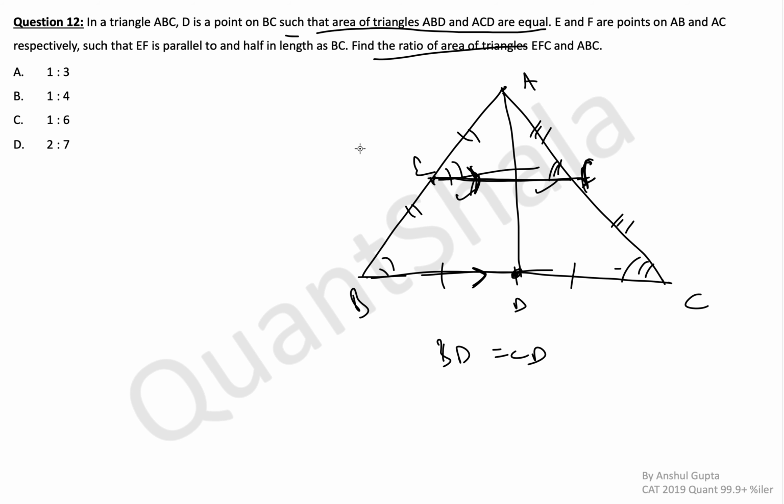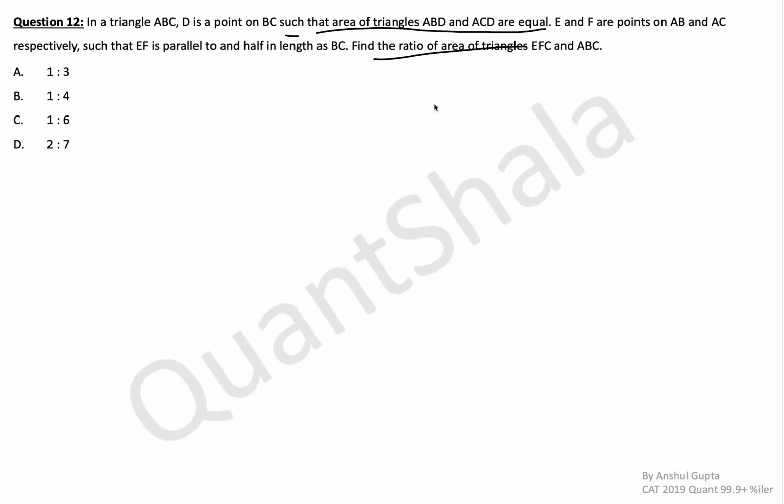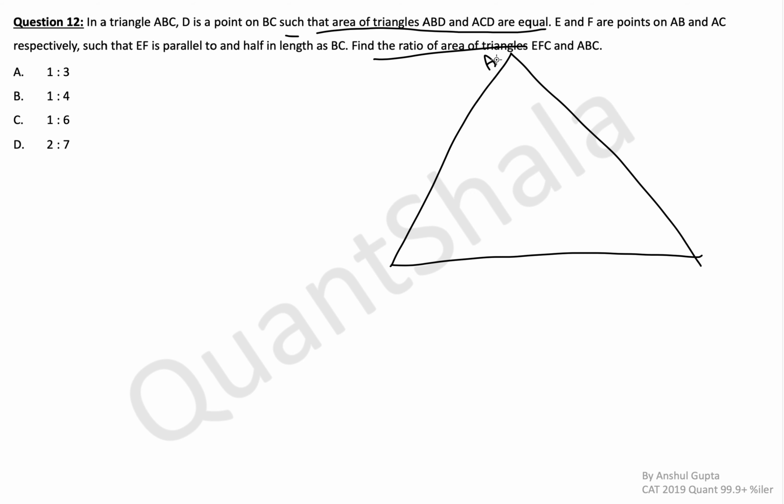Okay, now let me draw a new figure. So we have this triangle ABC now. A, B, C. There are points D on this, E on this, and F on this, such that these three are midpoints.